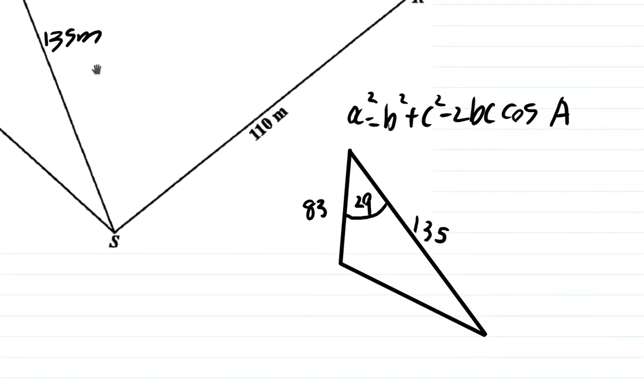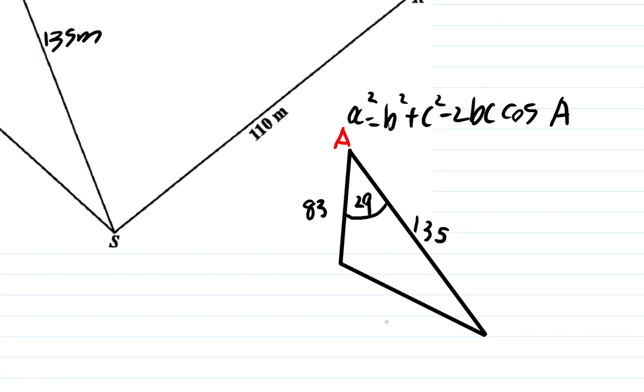Now, remember that the corners are uppercase letters, the sides are lowercase letters. Now, for cos A, you have to know the angle A to get the cosine. So in this case, our A is this, 29 degrees.